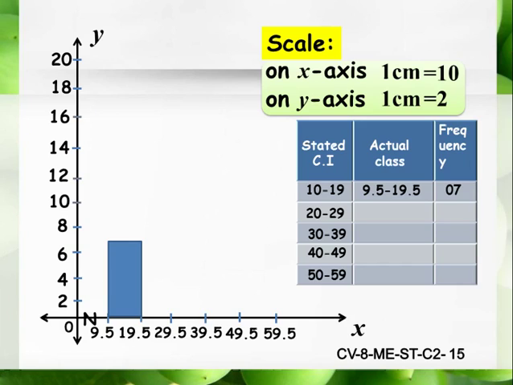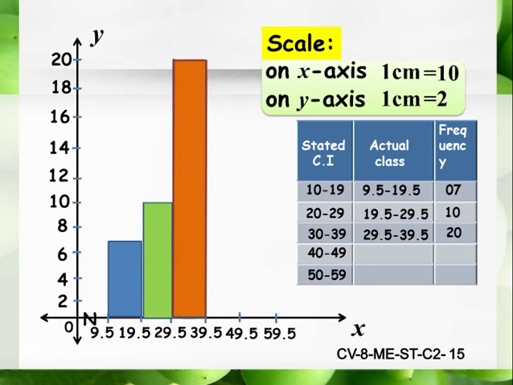In the same way, get into the next class interval. The next class interval is 19.5 to 29.5. As usual, the width is 10 units, whereas the height is 10 units. Now, the next class interval is 29.5 to 39.5. We have to take the height of this rectangle, that is 20 units.